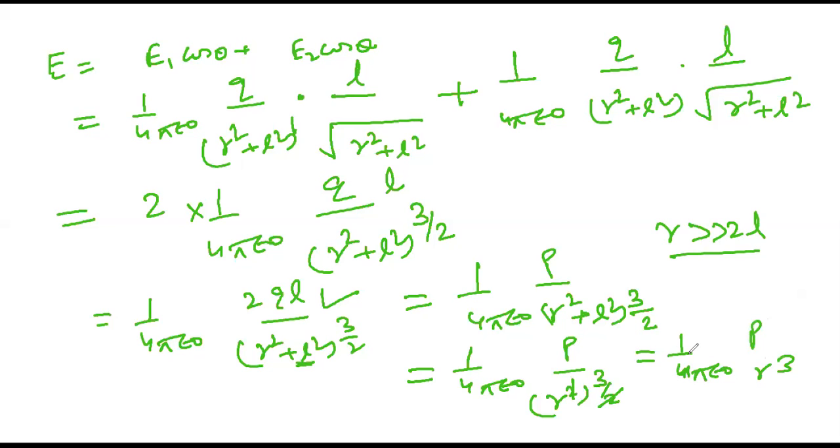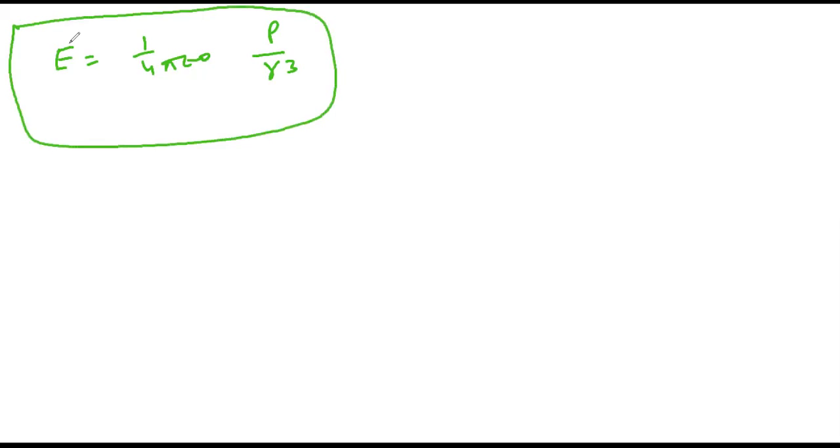So next part of this question. E is equal to 1 by 4 pi epsilon naught P upon r cube. This is the final formula. So this is half of the axial position.